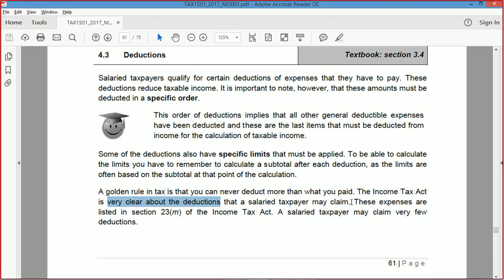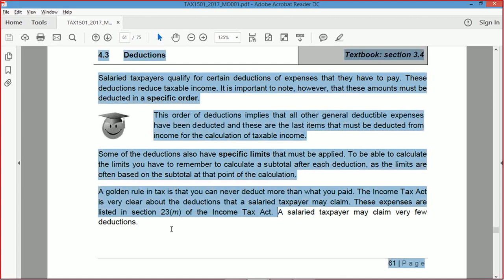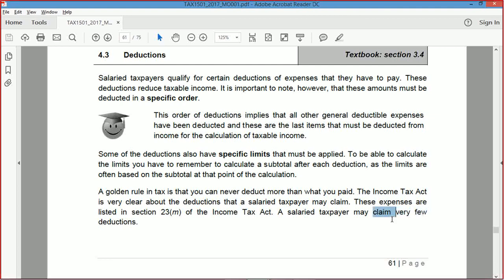Generally, they show you what you can claim, so anything that I can claim will be outlined by the act. If I'm a salaried employee, you'll be able to claim very few deductions. Why? You're salaried. If you're running a business, it's a little bit different, because now you'd be considered a business, and you have business deductions.